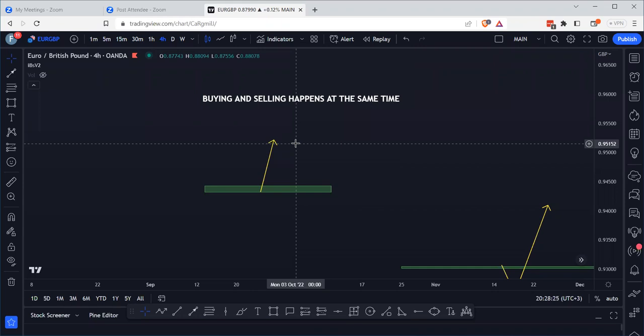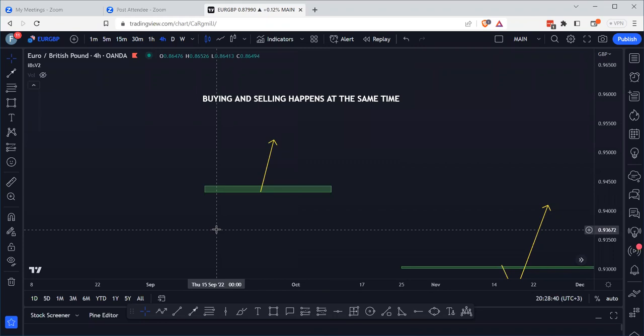So for the big banks and financial institutions, for them to buy, they need to look for a sell order. They need to buy at somebody's price, from somebody willing to sell. And a lot of times, retail traders and other market participants are the ones that are going to sell to this category of people.